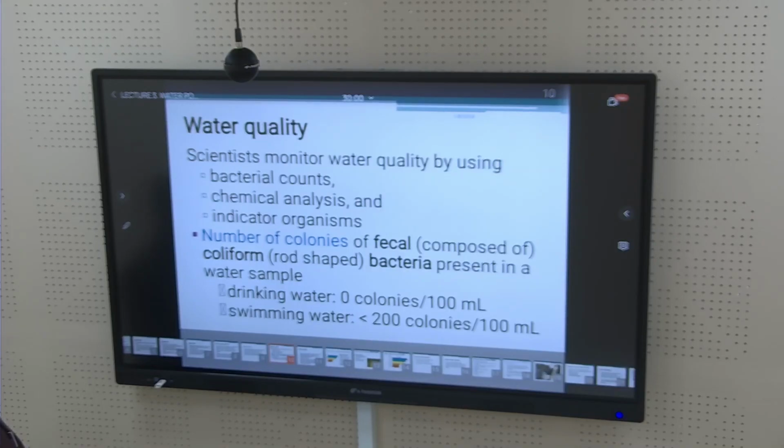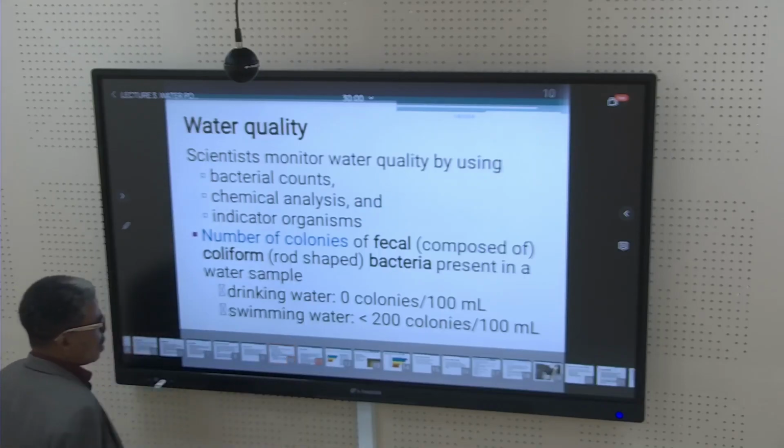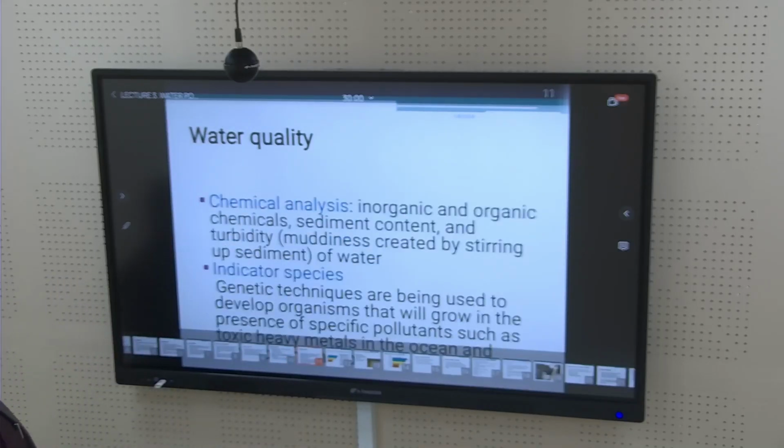So number of colonies of fecal coliform, rod-shaped bacteria present in water sample. So drinking water, 0 colonies per 100 milliliter. Swimming water is 200 colonies per 100 milliliter. Those are the standards for water quality.